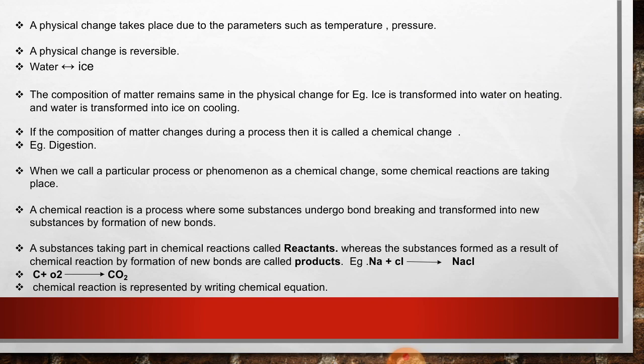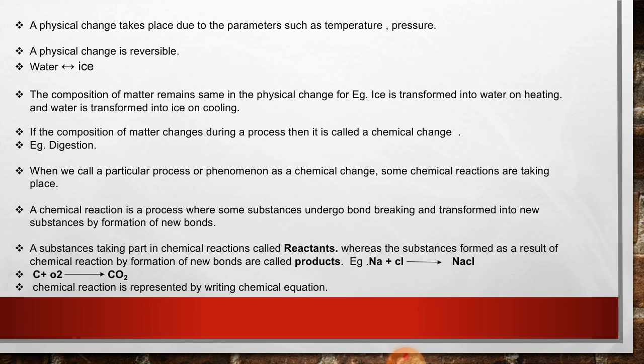A physical change takes place due to parameters such as temperature and pressure. A physical change is reversible, as I have given an example: ice gets converted into water on heating. So it is a reversible change.